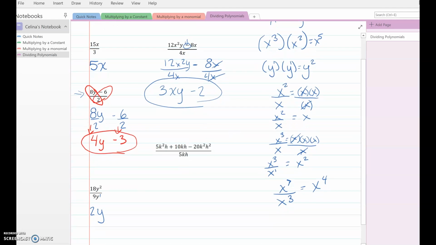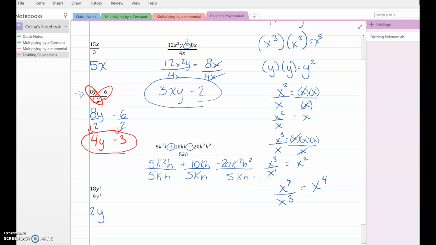All right, example 5, we're getting harder. So if you would like, you can rewrite out the polynomial so that each of those terms has its own bottom. You use those signs as that little separator. So plus 10kh over 5kh, negative because they use the negative symbol, 20k squared h squared over 5kh.